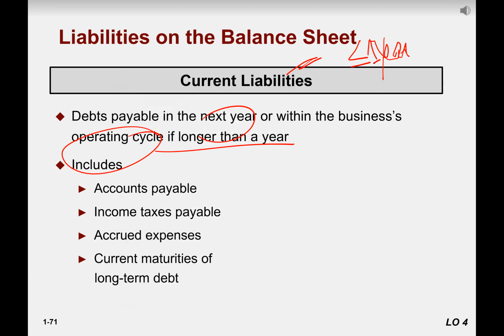So what do we mean by accounts payable? So recall the definition of accounts receivable, which means we sold to our customer and customers are paying us after some time. So that is our right to receive from our customers. So we call this account receivable. Accounts payable is the opposite.